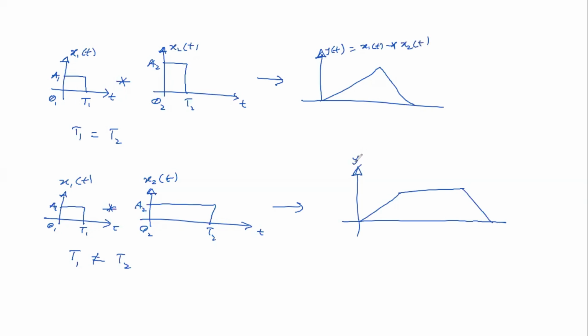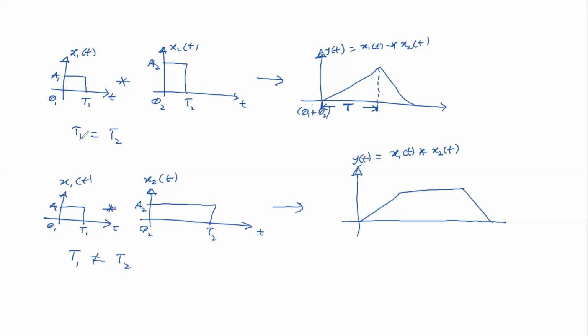While this is also y of t, which is the same as s1 of t convolved with s2 of t. So when both pulse durations are equal, at this point it will be 0, 1 plus 0, 2, which is 0. Then this pulse duration from this point to this point will be the same as t.